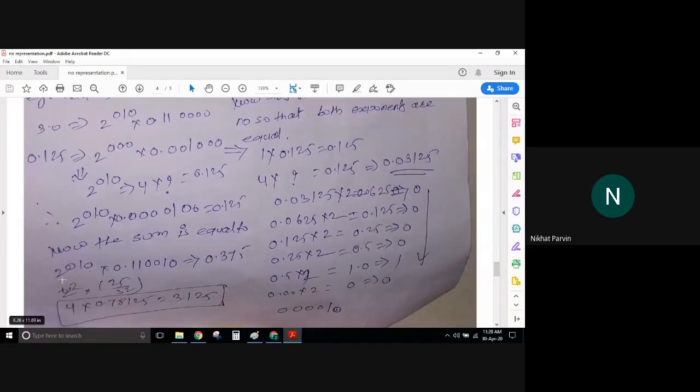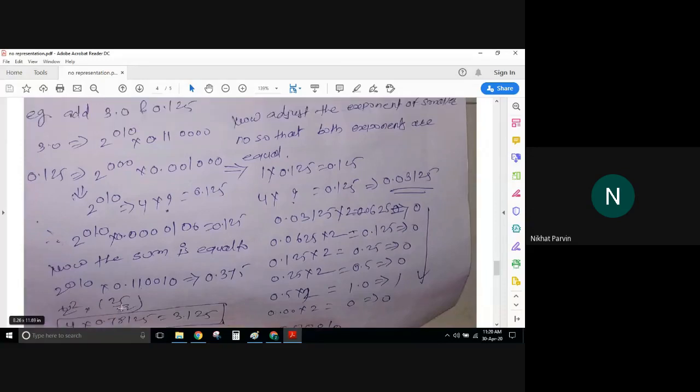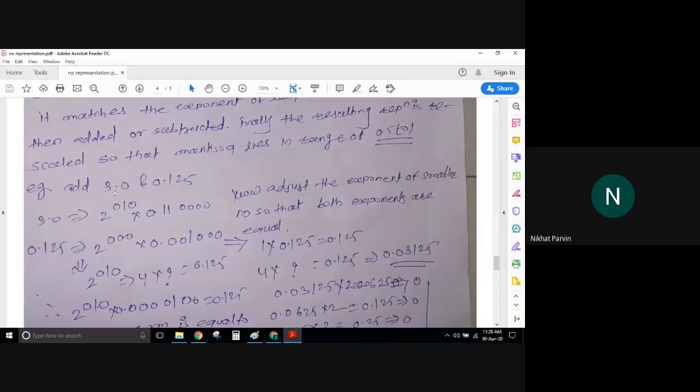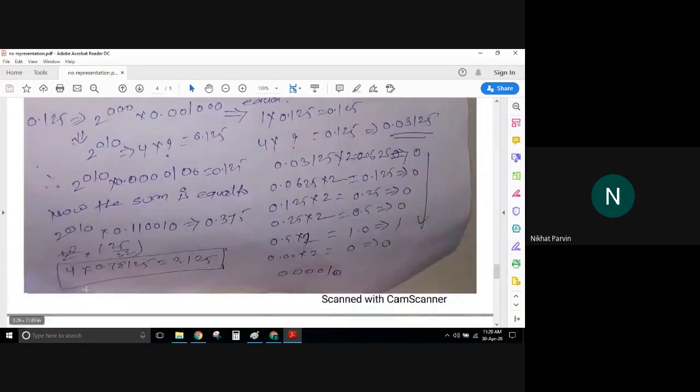So now when you take this to power 2, 4 into this binary converted into decimal, you will get the total answer. You have added 3 plus 0.125, nothing but 3.125, your answer should be. So 4 into this, your answer is 3.125.